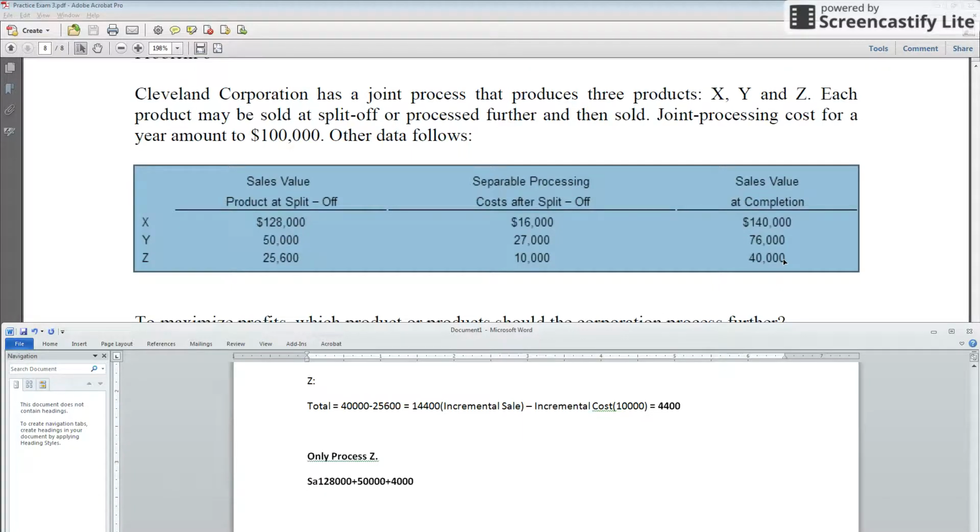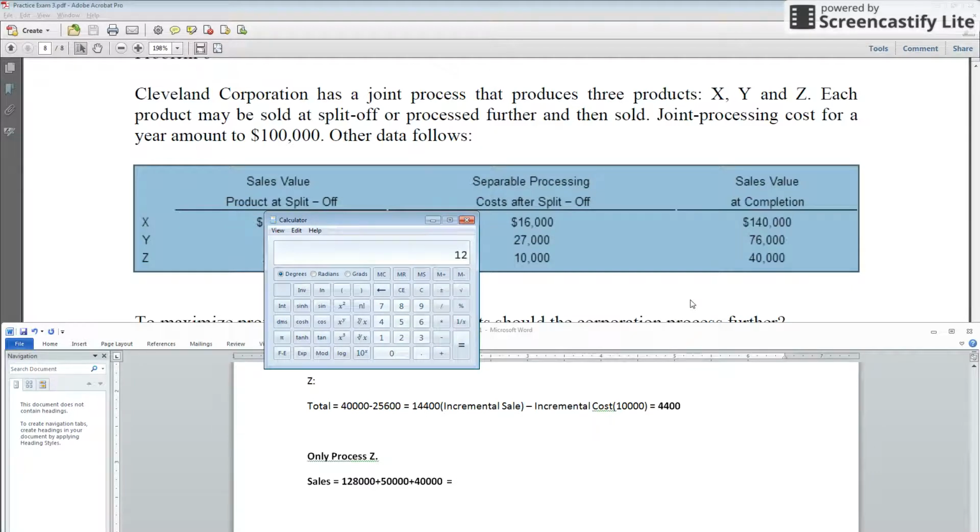So that's your sale. The total will be, where's the calculator? Yes, 128,000 plus 50,000 plus 40,000. So 218.